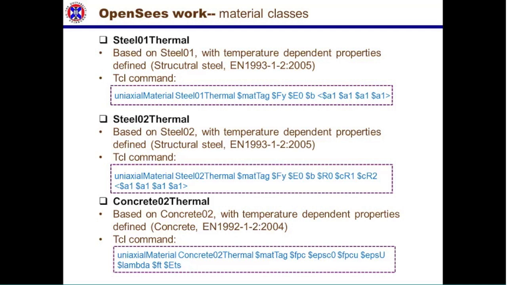For Steel02, it has a smooth transition from the elastic to plastic stress-strain curve, and it's also based on Steel02 with temperature-dependent properties, which is also the structural steel in the Eurocode, and the Tcl command is slightly different compared to the Steel01Thermal.